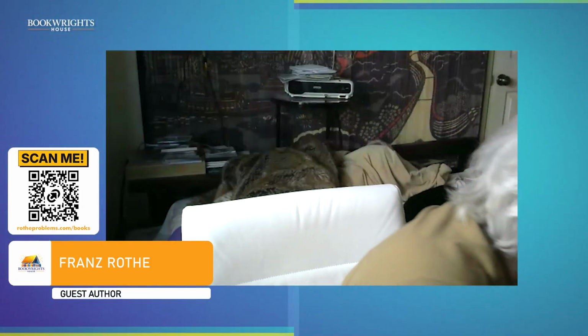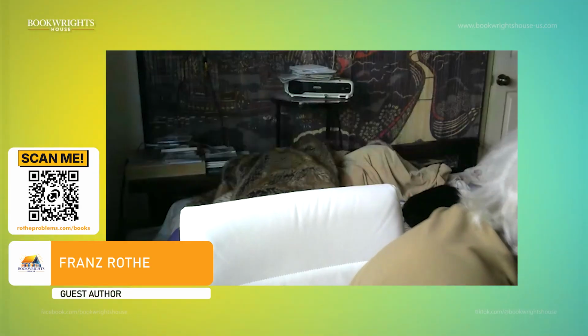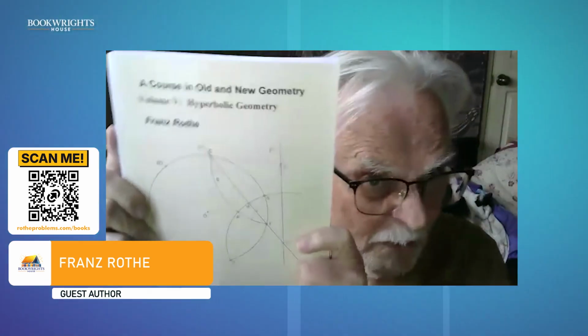And now, to build hyperbolic geometry on Hilbert's system in this way is possible and is done in the later part of my volume 5.